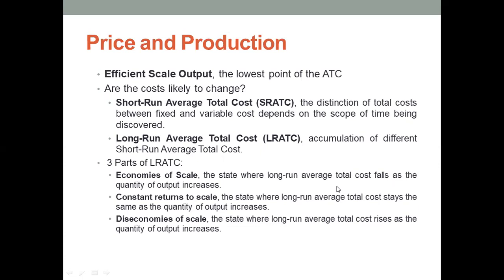So the state where long run average total cost falls as the quantity of output increases. So in the long run average total cost, economies of scale is the most ideal part. It's because for every input that you put in, you are able to produce double or more output. Ano ba sabihin nun?